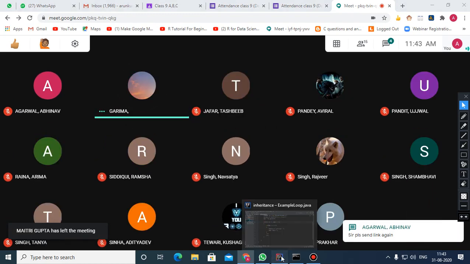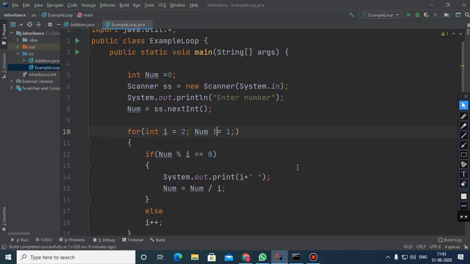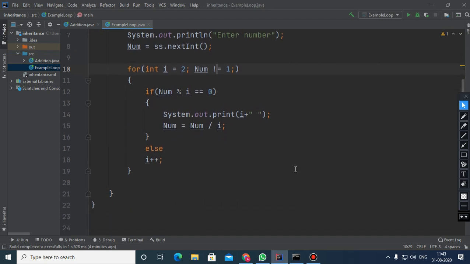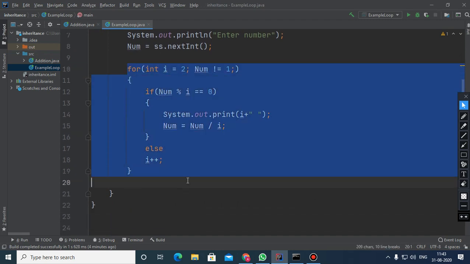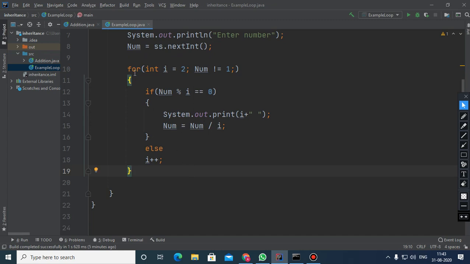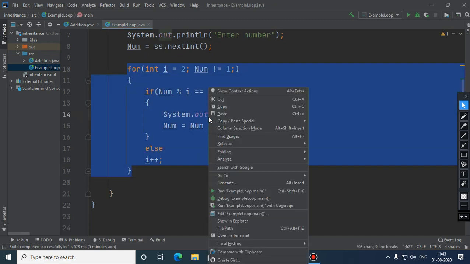The break statement basically terminates the loop. You have understood the question on the screen.